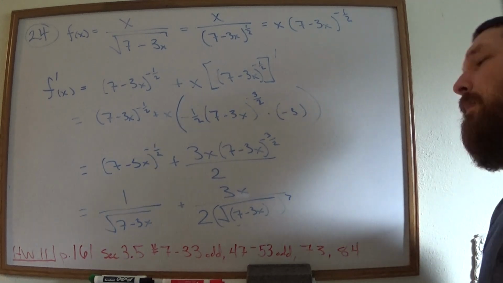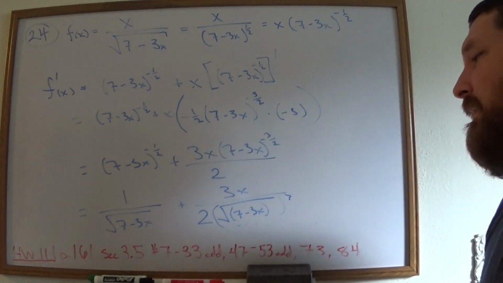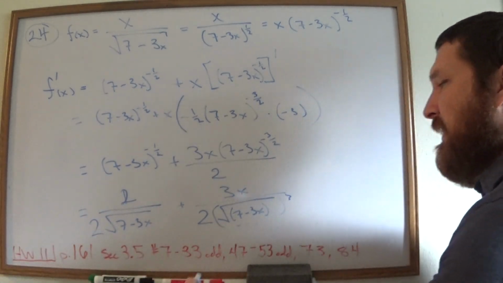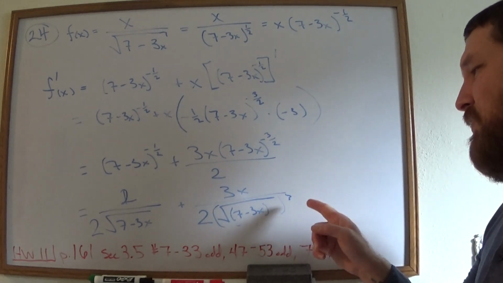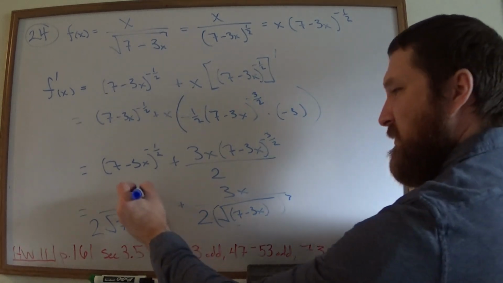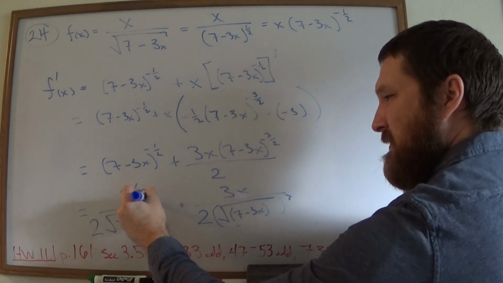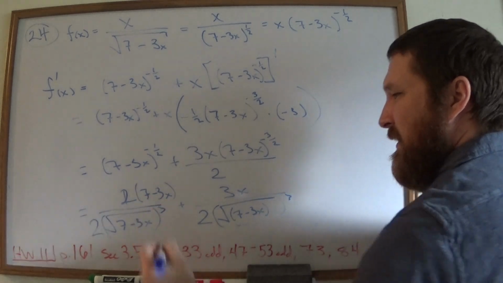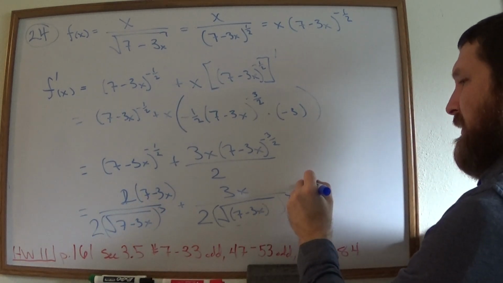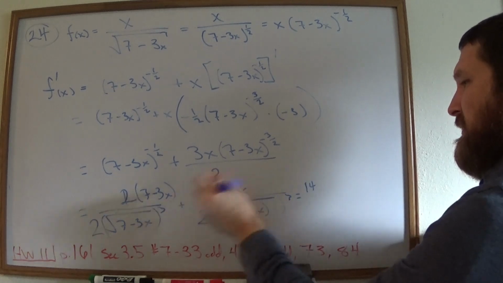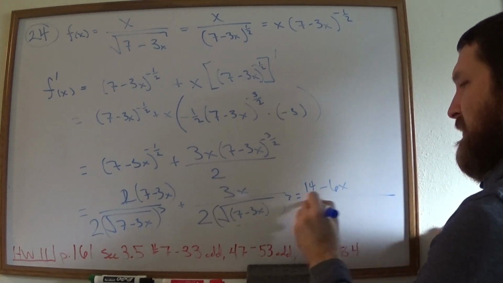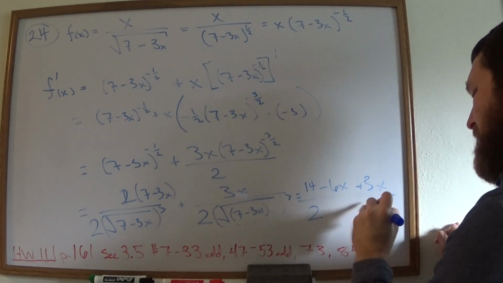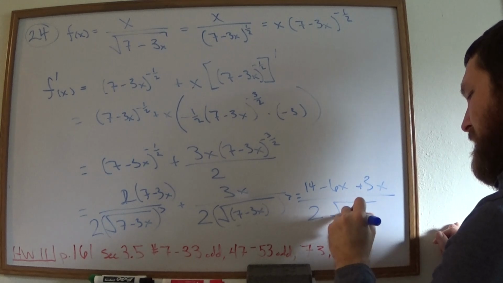They would probably get a common denominator there and do like, okay, so you need a 2 down here, a 2 down here. And you'd need another whole one of those. 7 minus 3x on the top, and then 3 there. Again, I don't care. 2 times 7 is 14 minus 6x plus 3x. And yeah, this is definitely what they do. They would definitely have it in the back of the book like this.